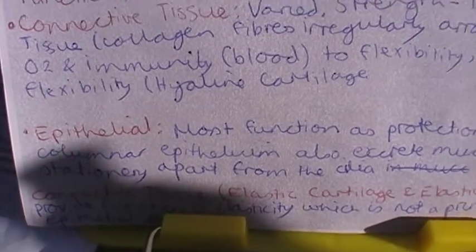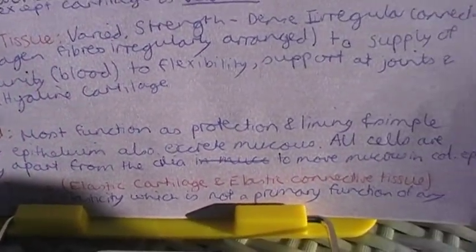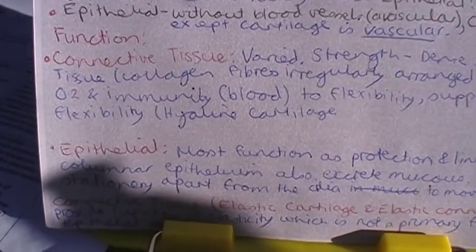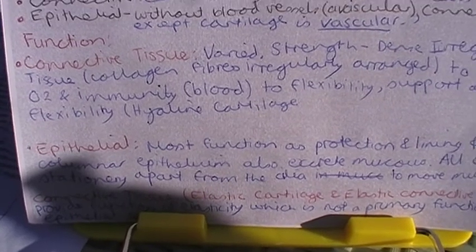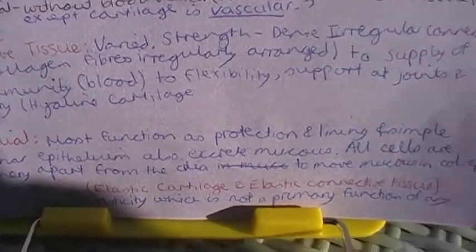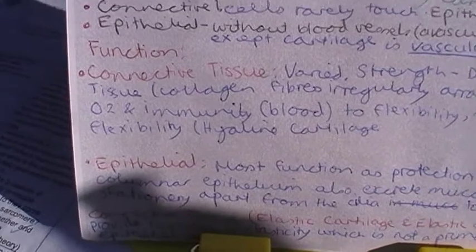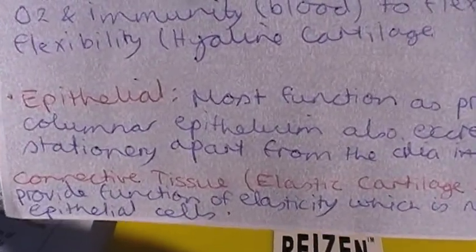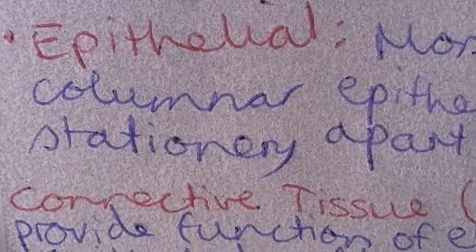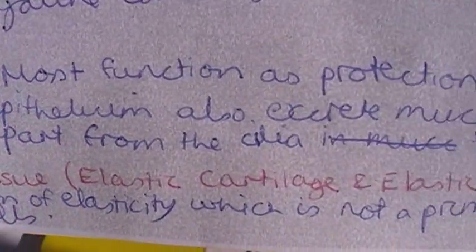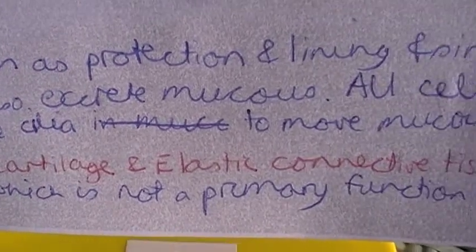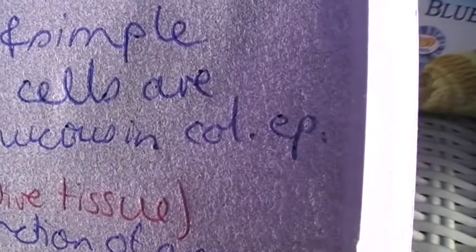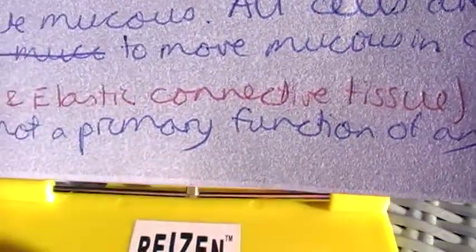In the epithelial, most function as protection and lining, and simple columnar epithelium also excretes what? All cells are in epithelial, apart from the cilia to move mucus in columnar epithelial.